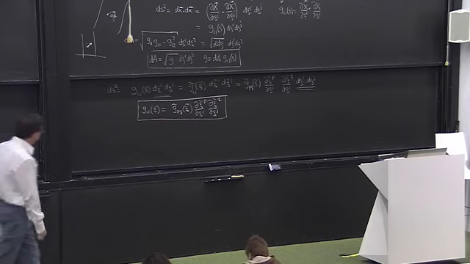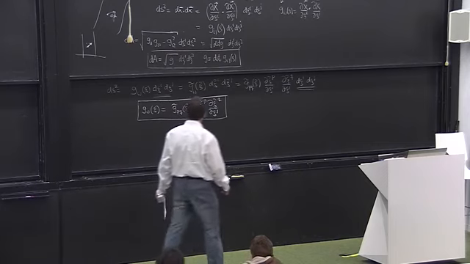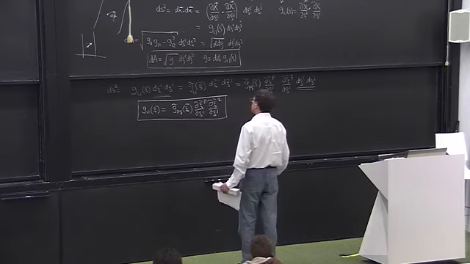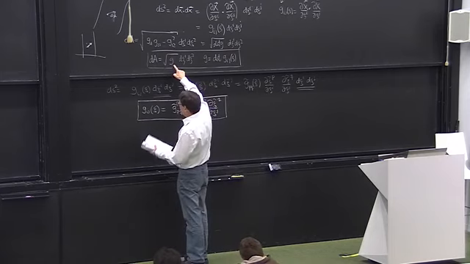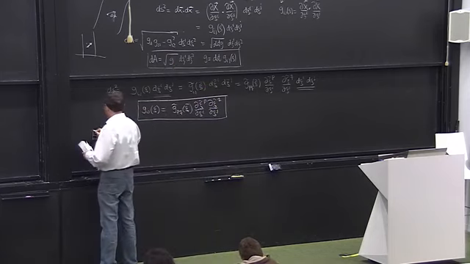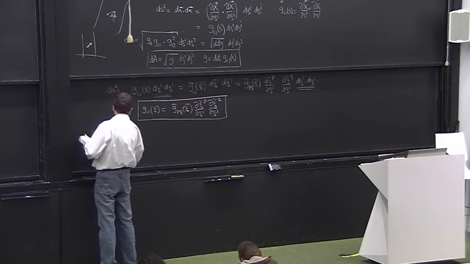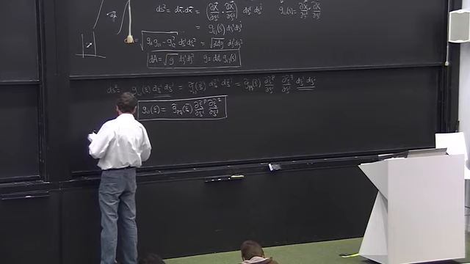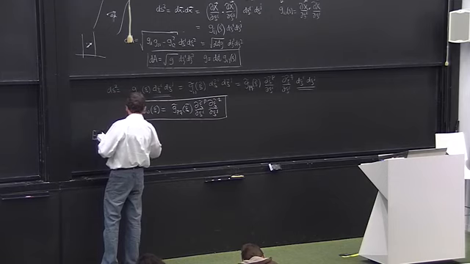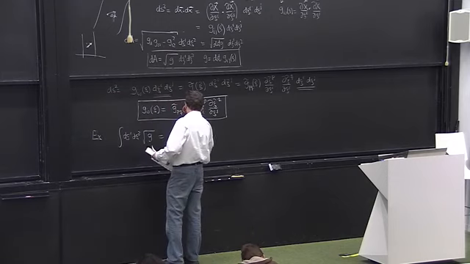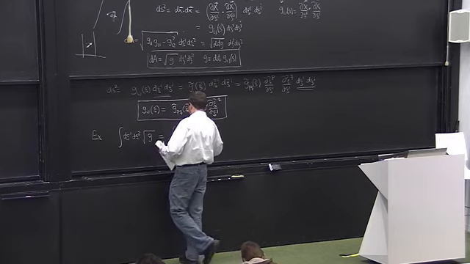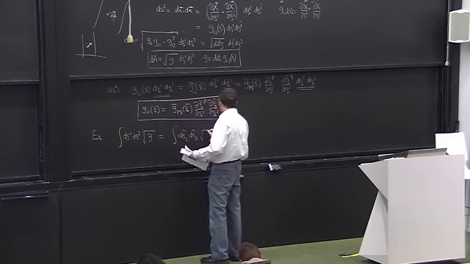So here comes a little exercise for you. You can now show, exercise, that this formula d psi 1, d psi 2, square root of g, is equal to d psi 1 tilde, d psi 2 tilde, square root of g tilde.